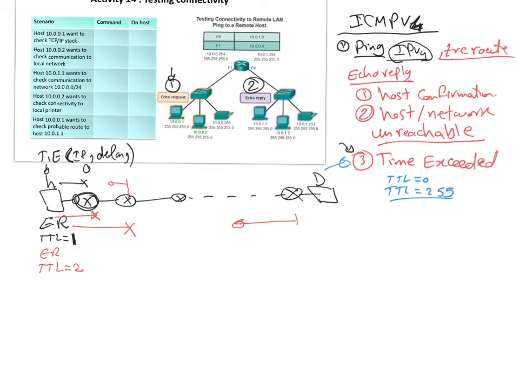So why do I say traceroute gives you some information about the probable route? I keep saying probable route. Why can't I say the route, or the actual route, or the permanent route?